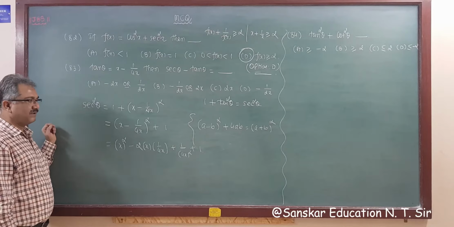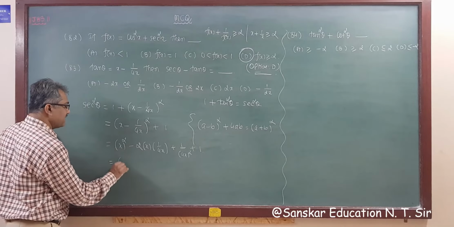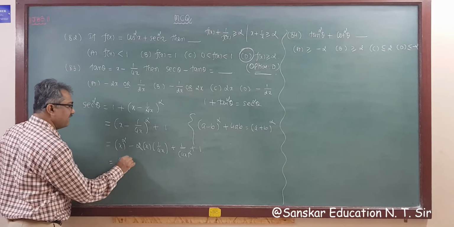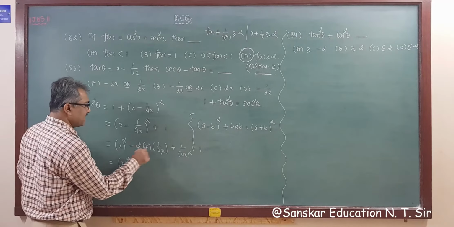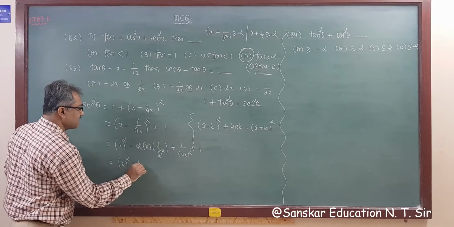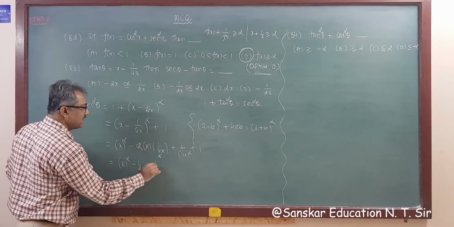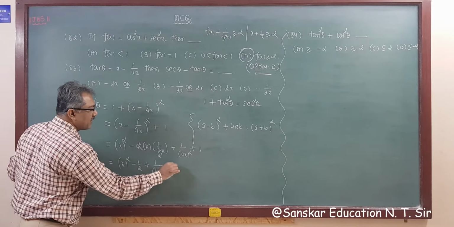So this is x square, this x will be cut. So what do we get? 1 upon 2. So this is minus 1 upon 2 plus (1 upon 4x) whole square plus 1.